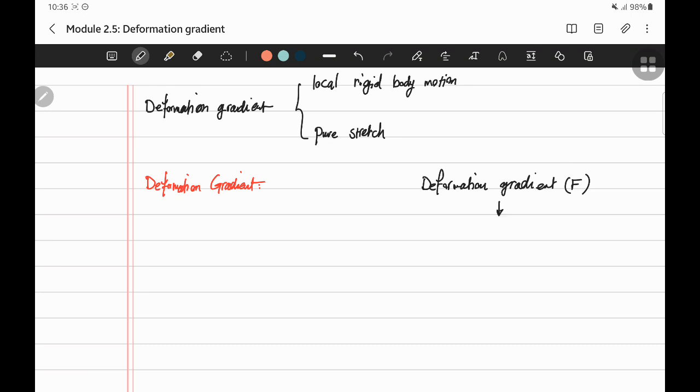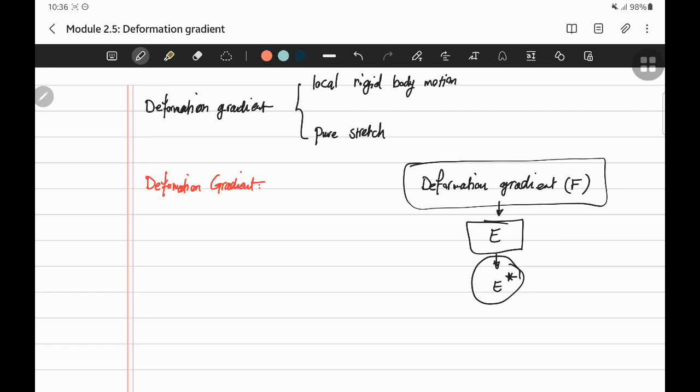From here we extracted E, the large deformation or general strain tensor, which we call the Green-Lagrange strain tensor. Under some assumptions, disregarding the nonlinear part, we extracted E star, the Cauchy strain tensor. Now we are focusing on the large deformation gradient again.